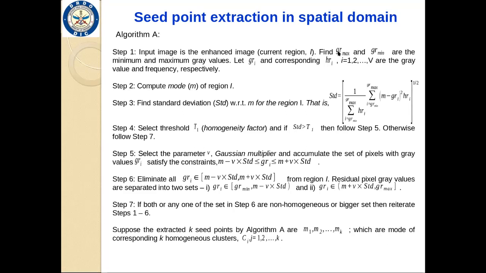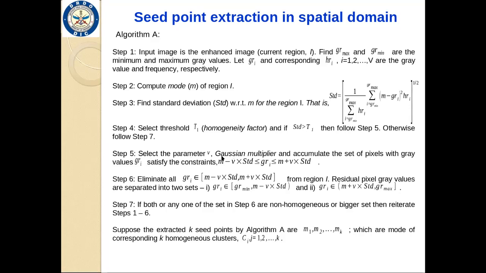We find the maximum and minimum values from this enhanced image, and GRI and the corresponding HRI are the gray value and frequency of the respective enhanced image. Then we compute the mode, then the standard deviation with respect to the mode. Then we select the threshold value, that is the homogeneity factor. If the standard deviation is greater than T1, then we go to step 5, otherwise step 7.